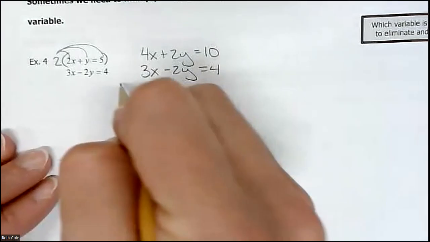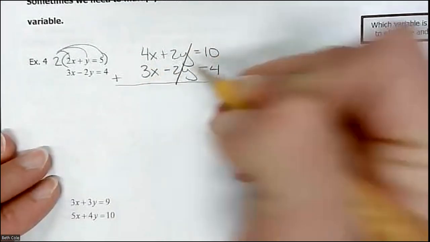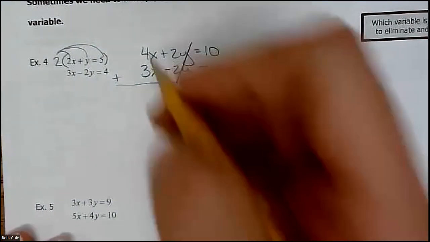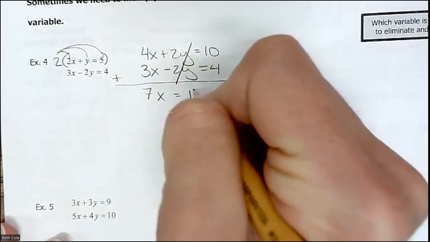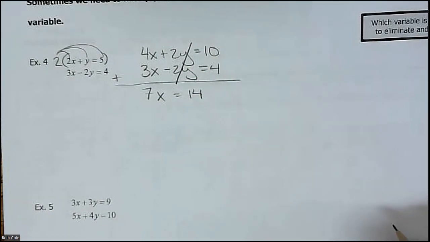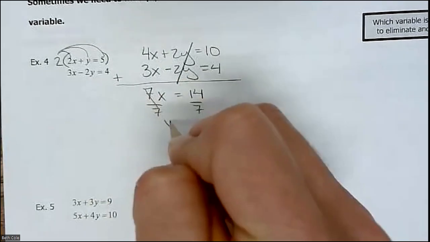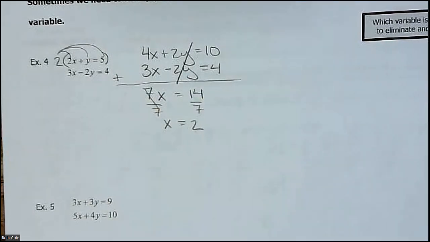Okay. So when we add these together, the y's are going to eliminate. What do we get for the x's? 7x equals 14. Divide by 7. X equals 2. We're not done. What do we still need? Y. You still need y.